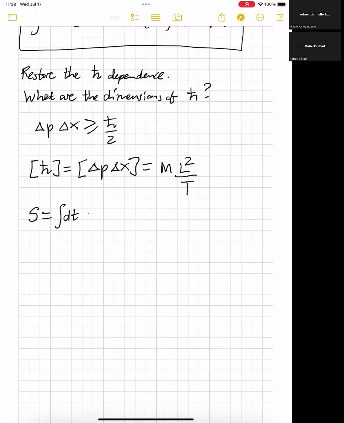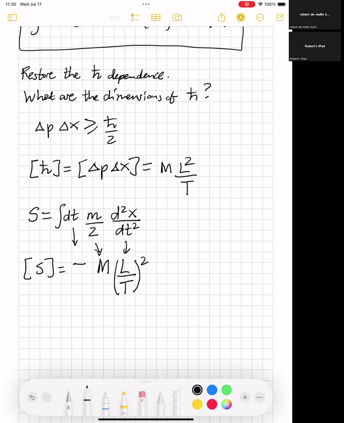Sorry, I misspoke. The dt gives us a time. Good. Now let's multiply that out. We're dividing by time squared, but we've multiplied by time, so we'll get mass length squared over time. And that, of course, is the dimensions of h bar.